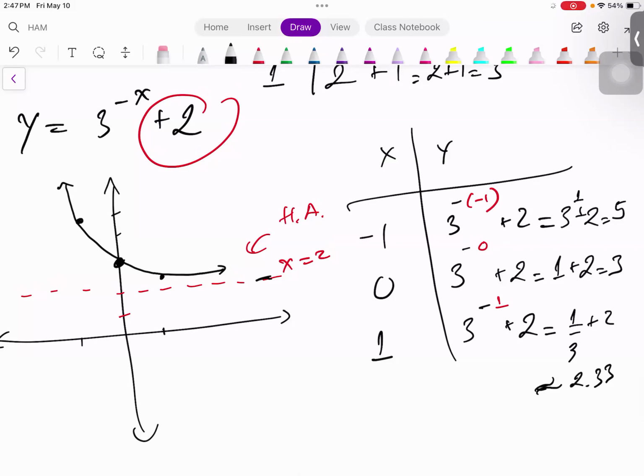Negative power, so even though the number is 3, because of the negative it actually is 1/3. Is 1/3 less than 1? Yes, I hope you say yes. Okay, so that's why it's a decay. Let's give Emily 1 point. Decay because 3 to the negative 1 is actually 1/3. Okay, so the function is 1/3 plus 2.